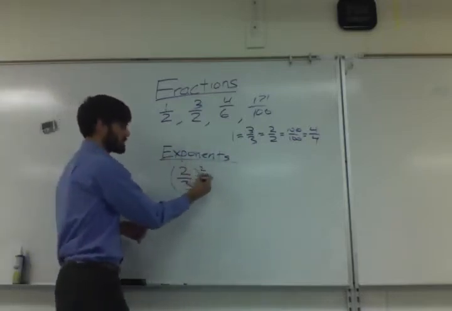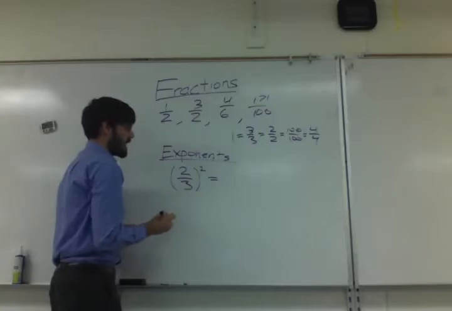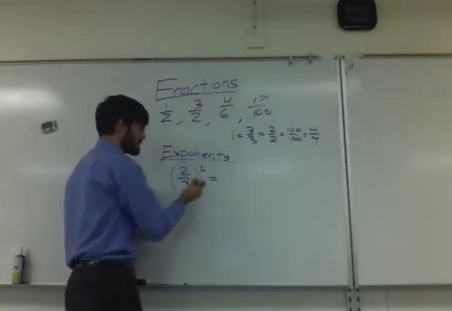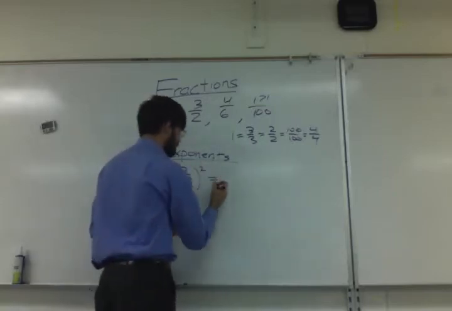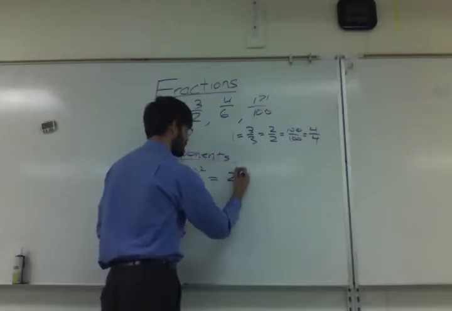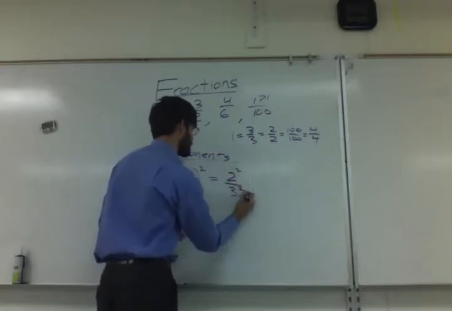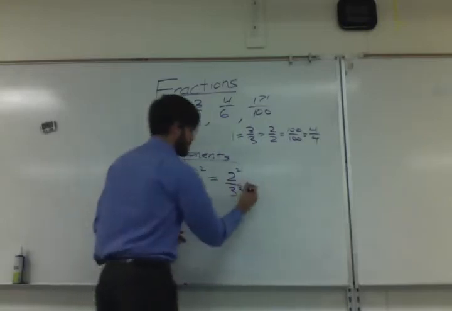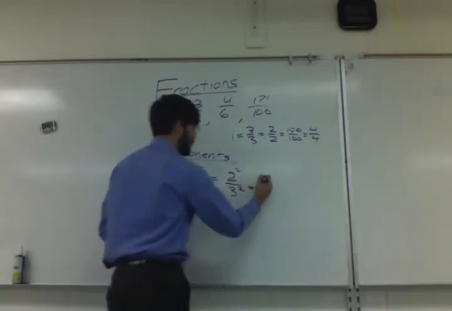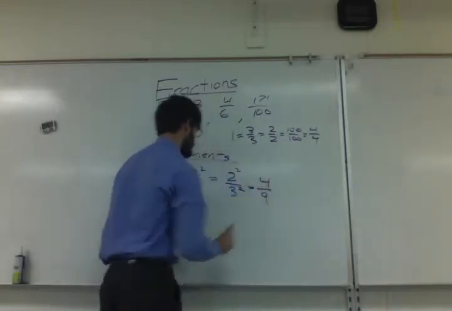So when I have 2/3 squared, like this, I can take that exponent and distribute it to the 2 and the 3. So I'll end up with 2 squared over 3 squared. And that gives me 4 over 9.